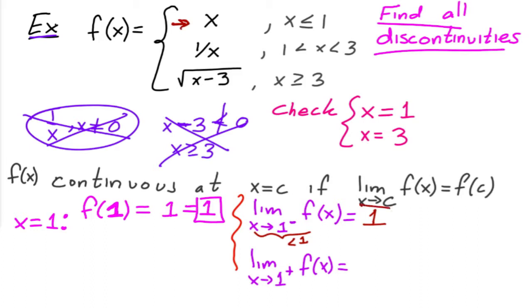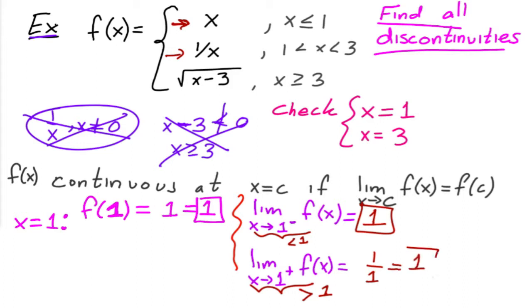So basically you're trying to figure out which one to use. Now for this one, if you're coming from the right, approaching 1 from the right, that means the x values are greater than 1. So which function is defined for values close to 1 but greater than 1? Well, that would have to be this one because it's defined between 1 and 3. So then I would plug in 1 into 1 over x, and this would give me 1.